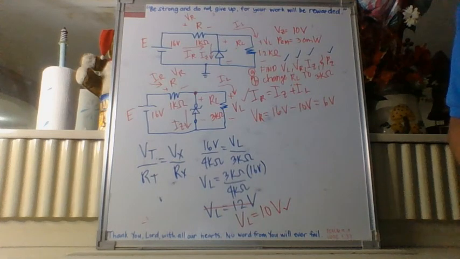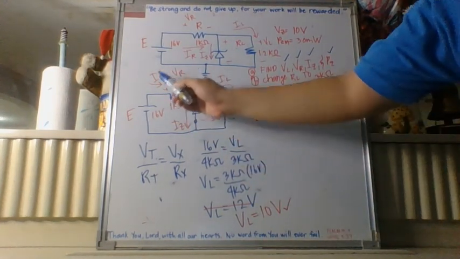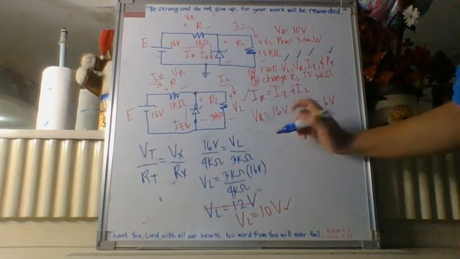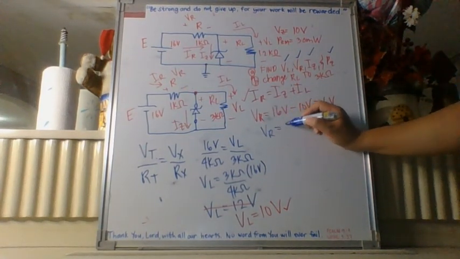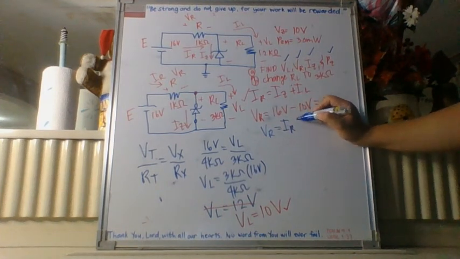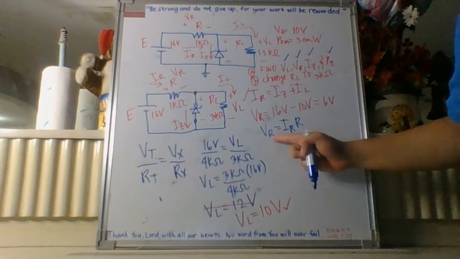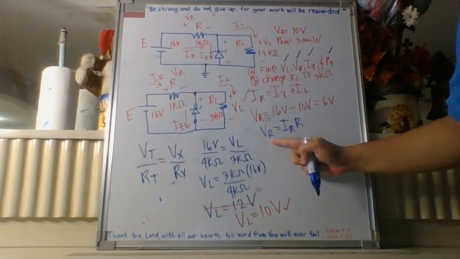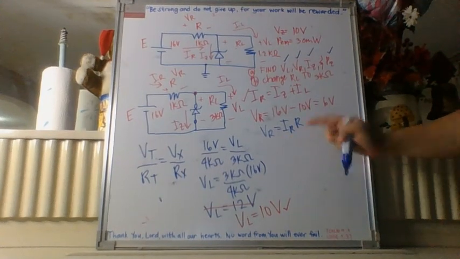So let us just write down the equation for this one. Here we focus on this resistor. We have V sub R is equal to I sub R times R, your basic Ohm's law equation. The voltage across the series limiting resistor R is equal to the current passing through it times the resistance.